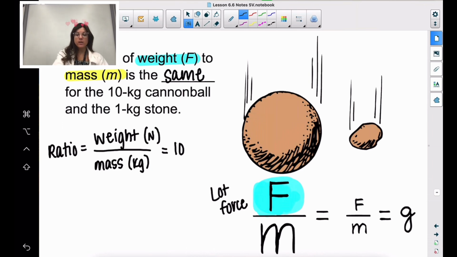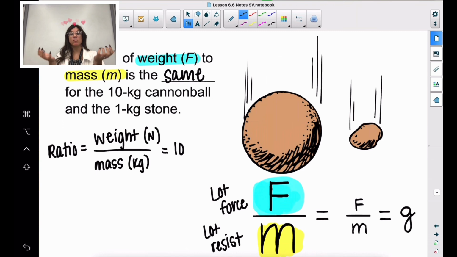When I also think about the cannonball's mass, it has a lot of mass, which means it has a lot of resistance. So even though I'm pulling with a great amount of force, that great amount of force isn't going to cause the cannonball to move very much. Why? Because its mass is resisting moving.